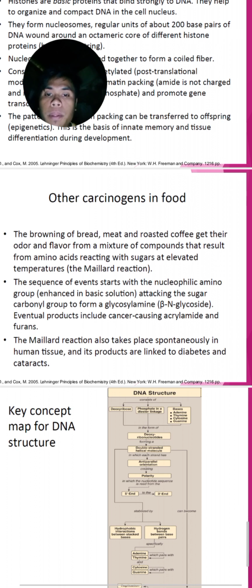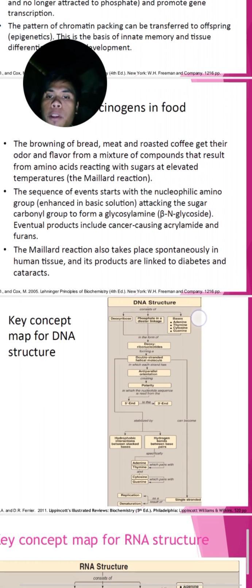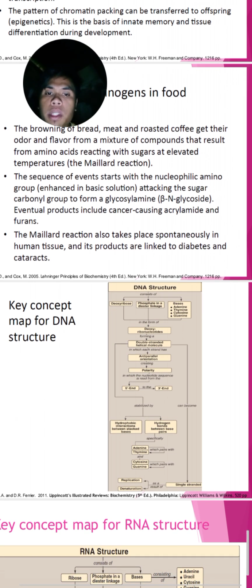The sequence of events starts with the nucleophilic amino group, enhanced in basic solution, attacking the sugar carbonyl group to form a glycosylamine or N-glycoside. Eventual products include cancer-causing acrylamide and furans. The Maillard reaction also takes place spontaneously in human tissue, and its products are linked to diabetes and cataracts.